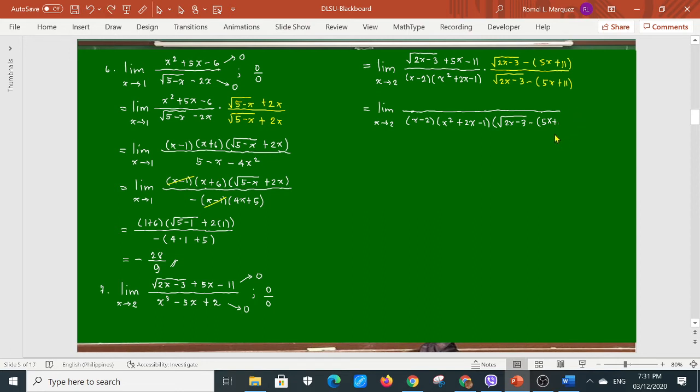Actually, I can now remove the parentheses, no? Minus 5x minus 11. Yan. Okay? Then the numerator naman, a plus b, a minus b. O, square the first. Anong square ng una? 2x minus 3. Anong square ng 5x minus 11?